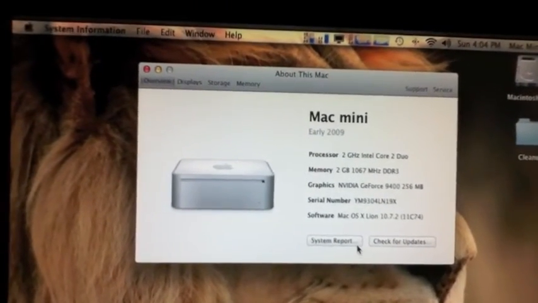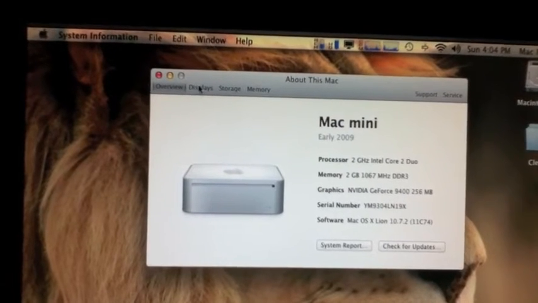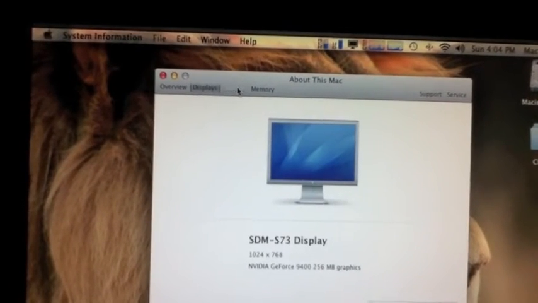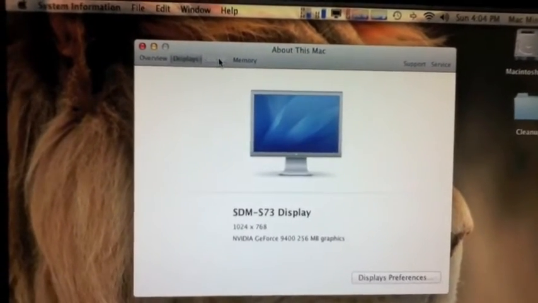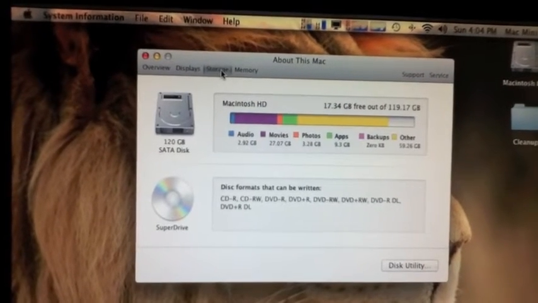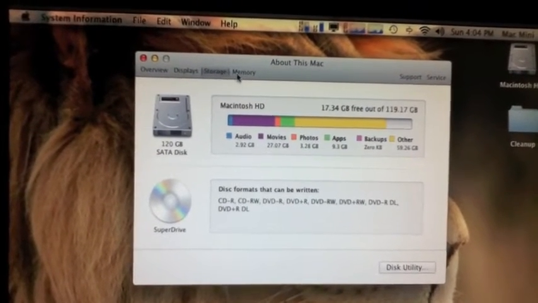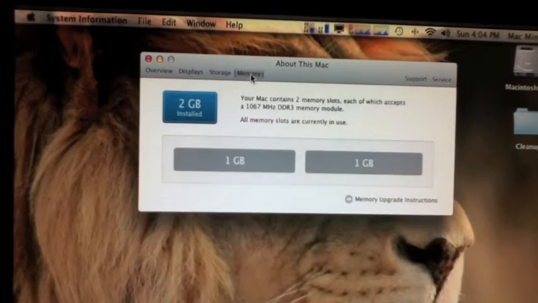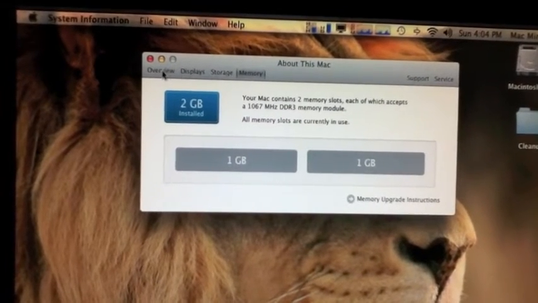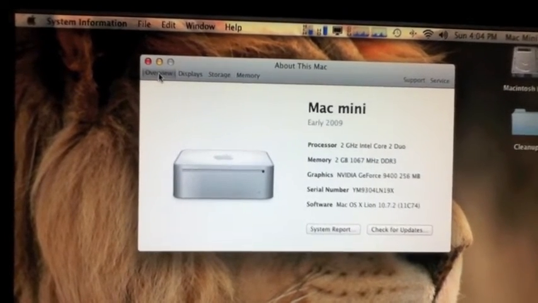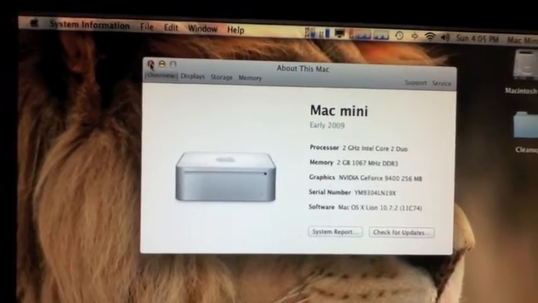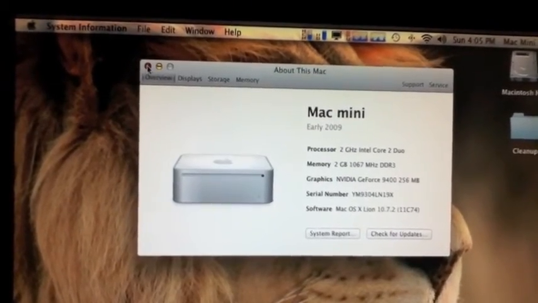The current model also features a removable bottom panel, so that the memory can be replaced by the user. Since the integrated graphics processor does not have its own dedicated memory, the system shares some of the main system memory with it.